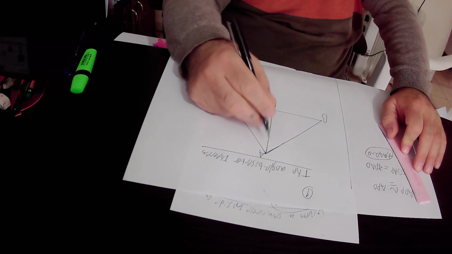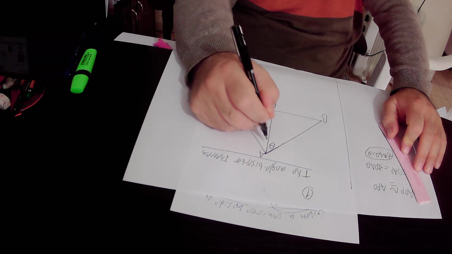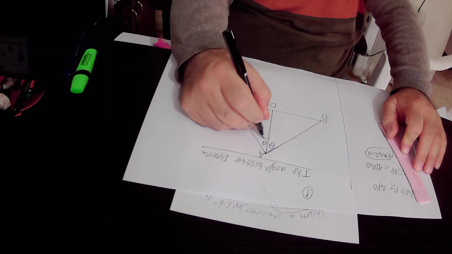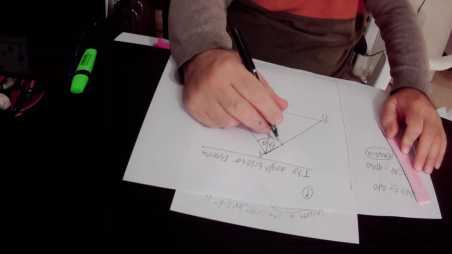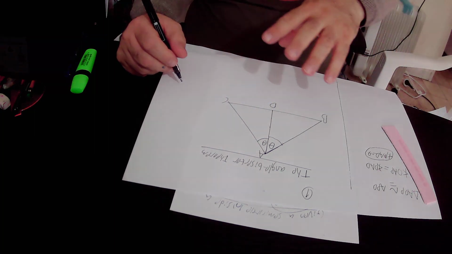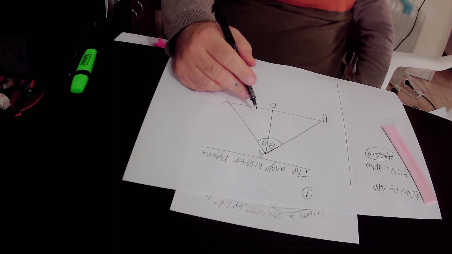This line segment AD is an angle bisector. Why? Because it bisects angle BAC into two halves. The first half equals theta and the second half also equals theta. So in triangle ABC we have the angle bisector AD.